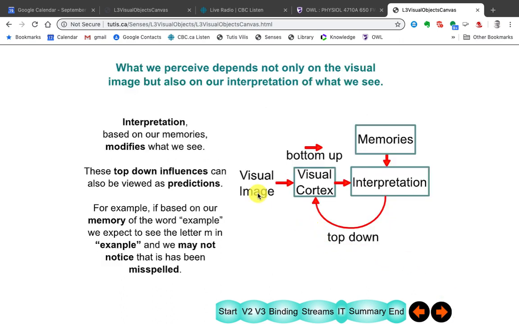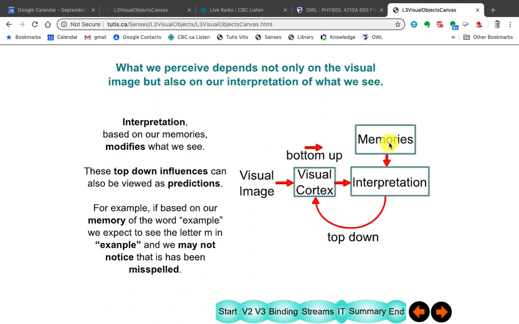So you have the visual image come to the eye. It gets analyzed by the visual cortex, and then your brain interprets what it is that you're seeing.